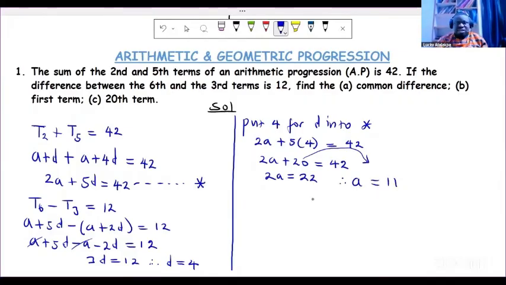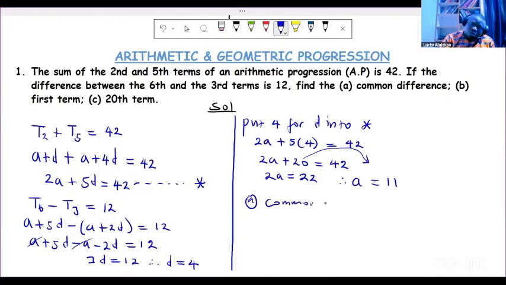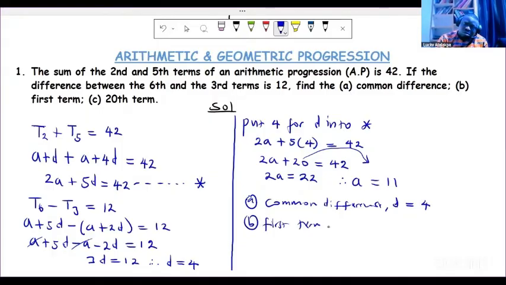Find A, common difference. Therefore, common difference D is what we obtained earlier to be 4. B, the first term, is A, which is 11. Then we have to find the 20th term.